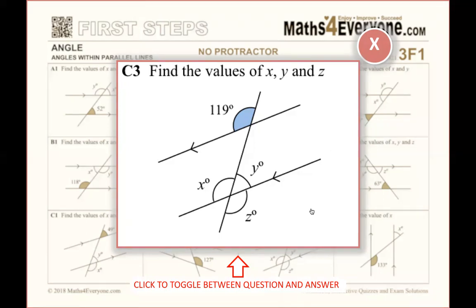Teacher, I don't know about Z. Z is opposite of X. When it's opposite, what does that mean? 119. Correct. And then what is Z?